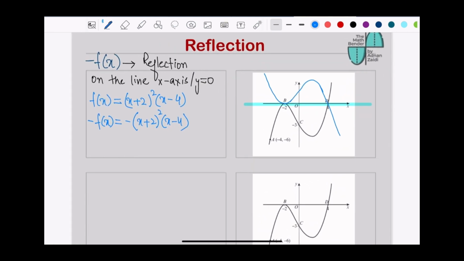The points that were mentioned, as you could see, as the point touches the mirror line, these points B and D remain as they were, but the rest, point C, is now going to be here at 0 comma positive 3. Same as for A, which becomes negative 4 comma positive 6.